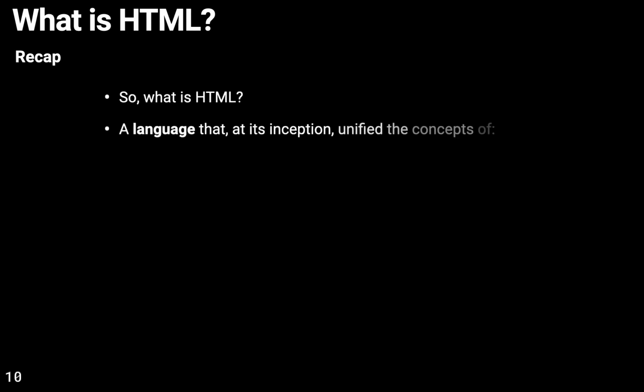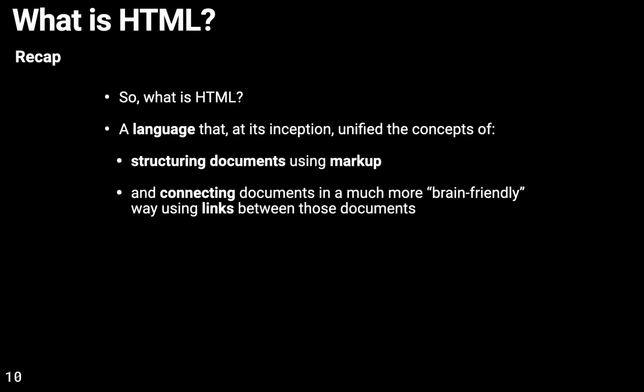So what is HTML in theory, right? We're not even to the coding part yet. I just want you to understand what this language is for. So what is HTML? It's a language that, at its inception, unified the concepts of structuring documents using markup and connecting documents in this very brain-friendly way using links between those documents.